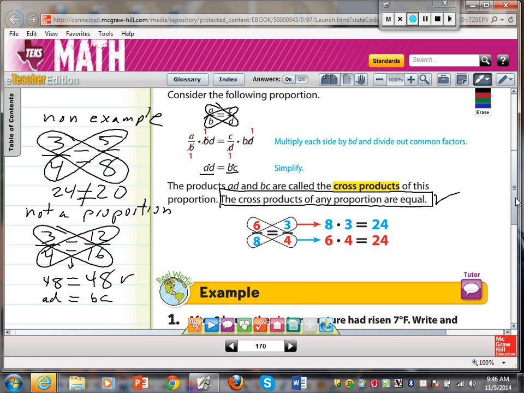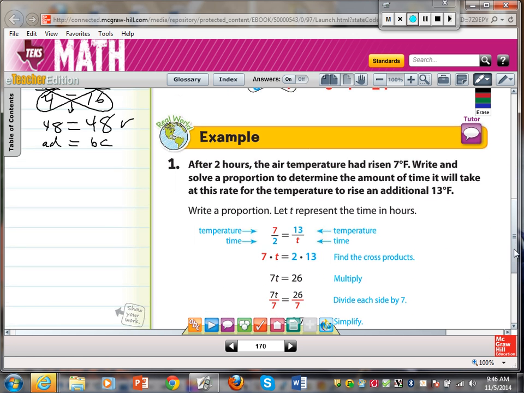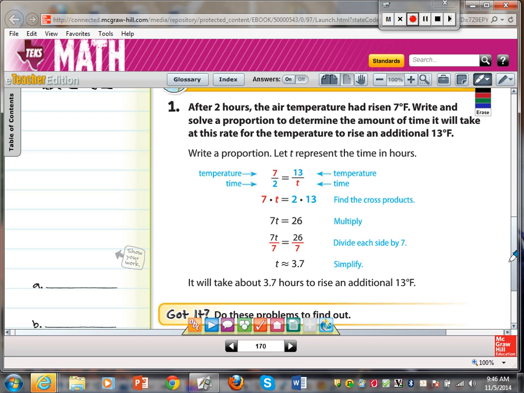All right, so let's go ahead and do an example. After 2 hours, the air temperature has risen 7 degrees. So after 2 hours, that's important, has risen, that means has gone up 7 degrees.